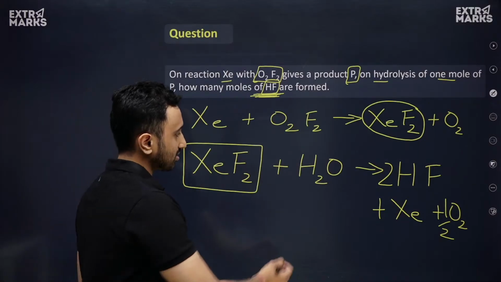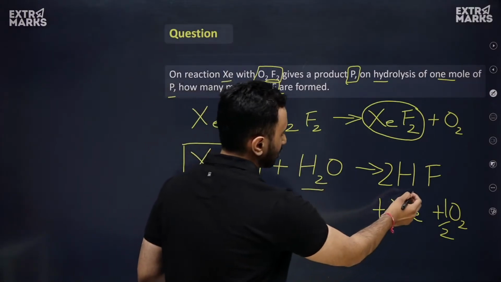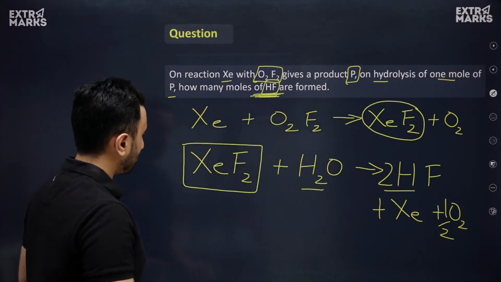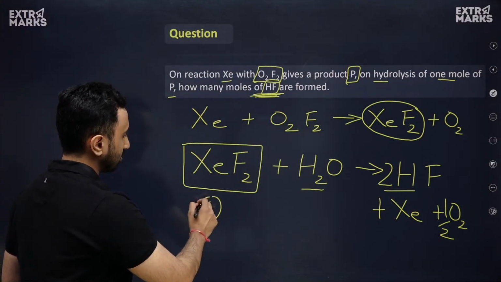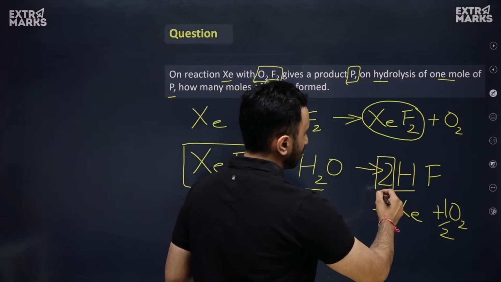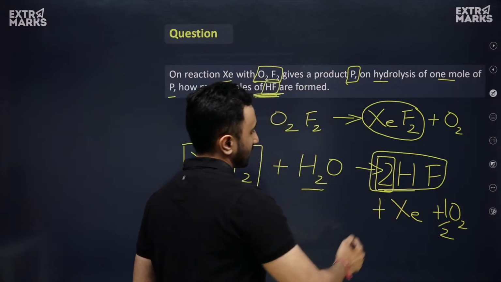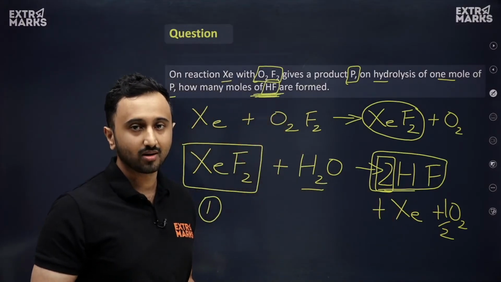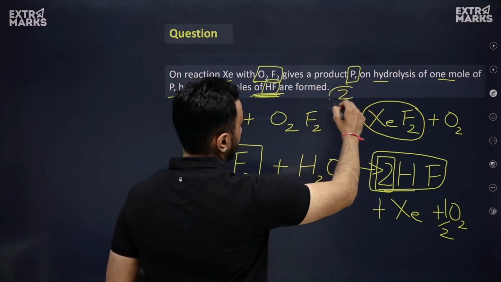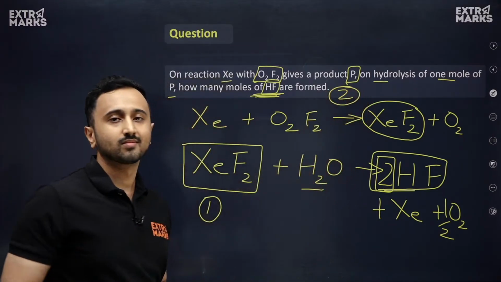Here we have H2, here we have 2H, so it is balanced. Now it's very easy. If you take 1 mole of XeF2, you will get 2 moles of HF. So the correct answer to this question is 2, right?